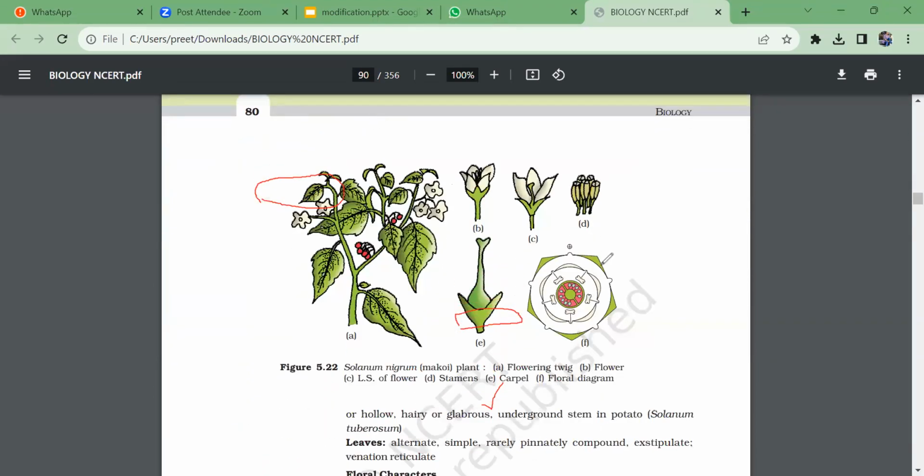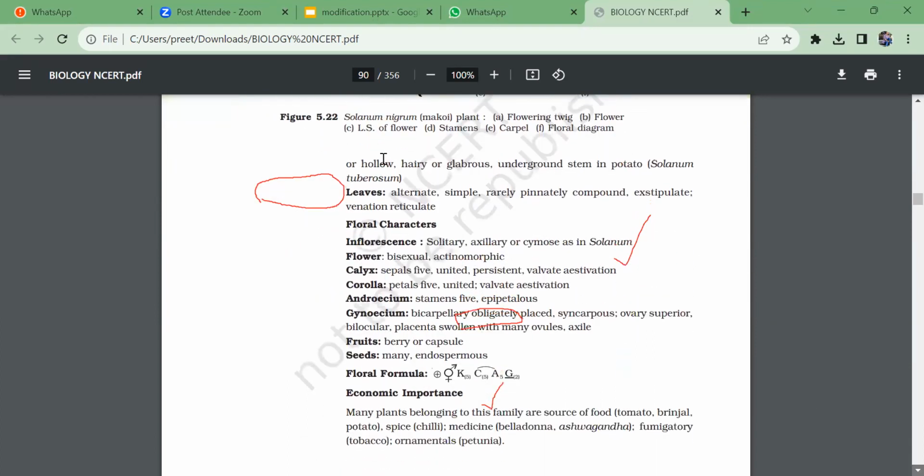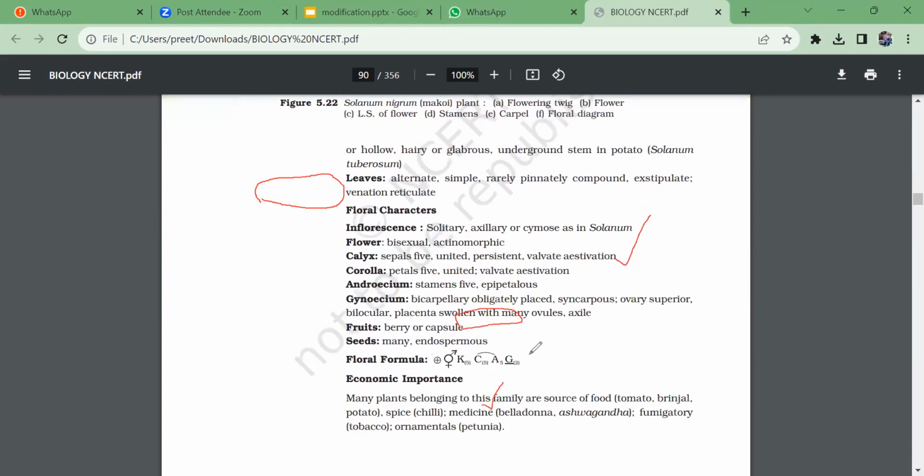This is the floral formula of this family, and this is the floral diagram. The examples are tomato, brinjal, potato, chili, belladonna, ashwagandha; in fumigatory, tobacco; ornamental, petunia. So these are the examples.